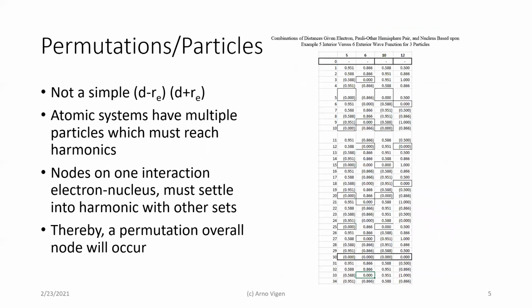So let's look at those things. When those particles have this d minus r sub e times d plus r sub e, that's a simple one harmonic. However, that's a single hydrogen with a single electron.